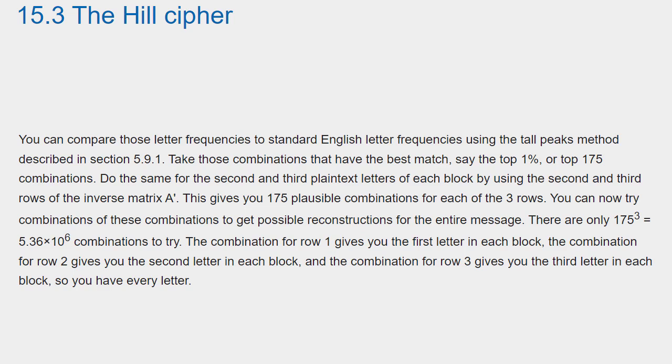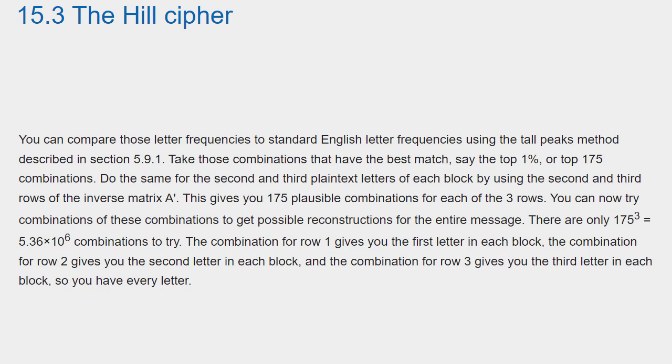Take those combinations that have the best match, say the top 1% or top 175 combinations. Do the same for the second and third plaintext letters of each block by using the second and third rows of the inverse matrix A'.